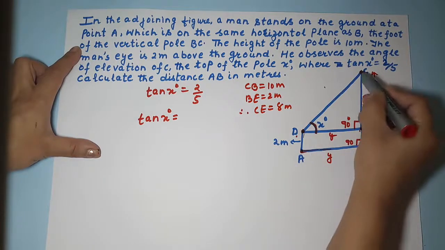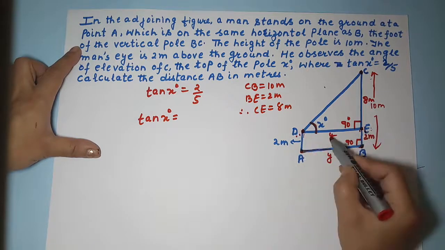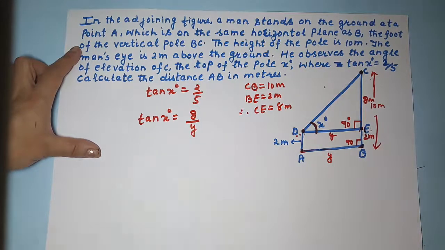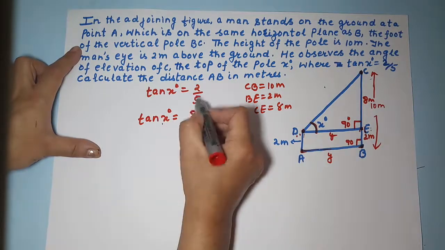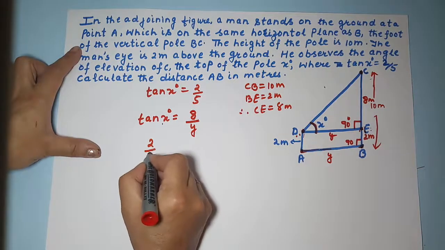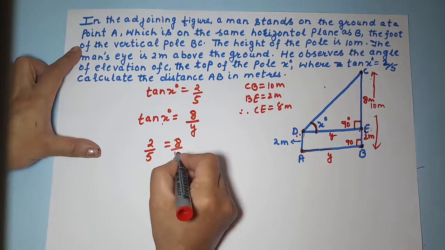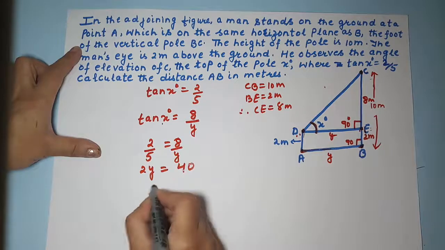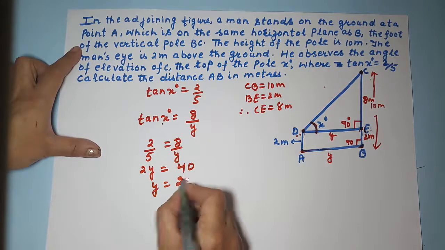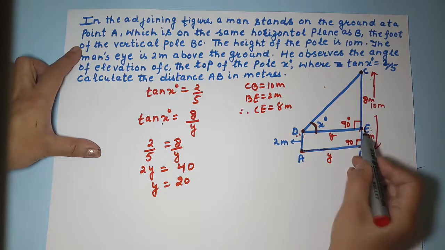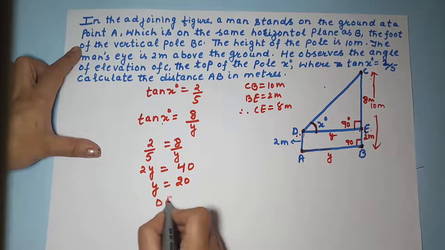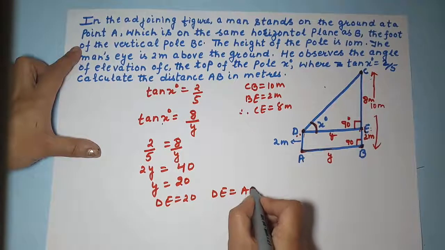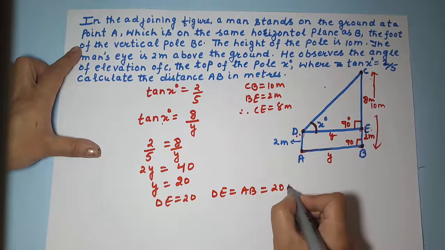So opposite is 8 and adjacent is Y. The value of tan X is given as 2/5, so 2/5 is equal to 8/Y. If you cross multiply, 2Y equals 40. So your Y is equal to 20. That means DE is 20. But DE is equal to AB, so AB is also equal to 20 meters.